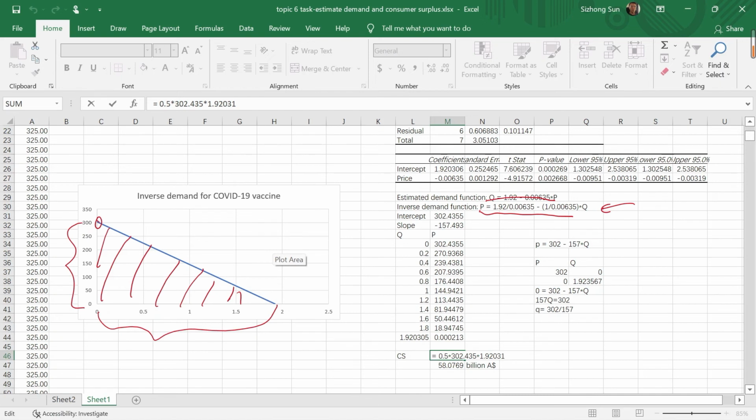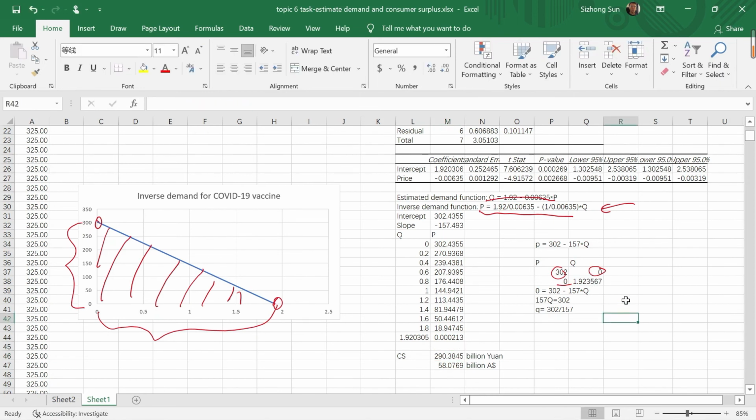When quantity is 0, the vertical intercept will be about 302. And we also need to work out this point, where the corresponding P will be 0, and we can work out the corresponding Q. Q is 302 divided by 157, which is roughly 1.923.